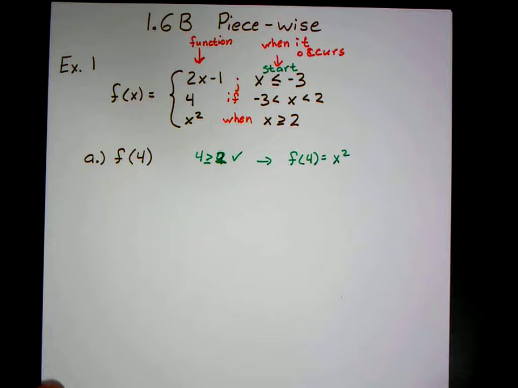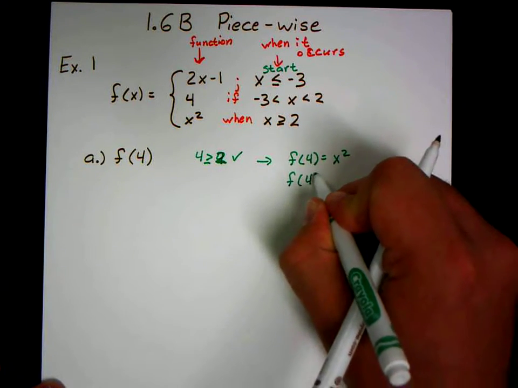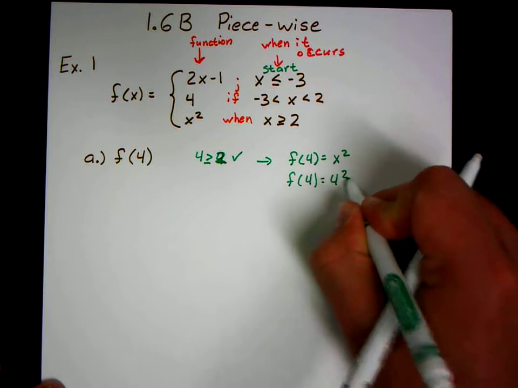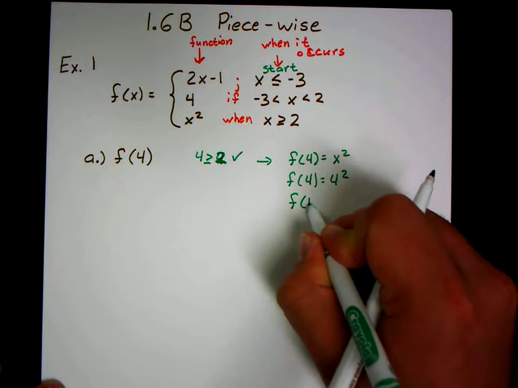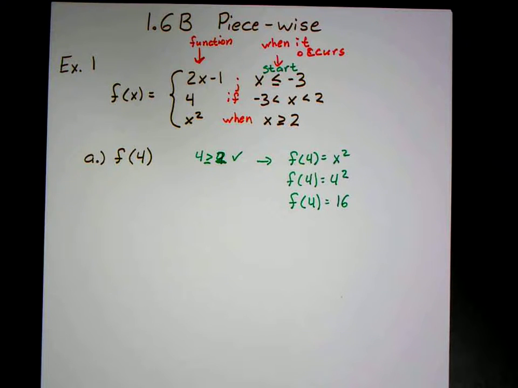We can't use all three. So that would be our solution. So with a piecewise, you never plug a number into all three of them. You only ever use one.